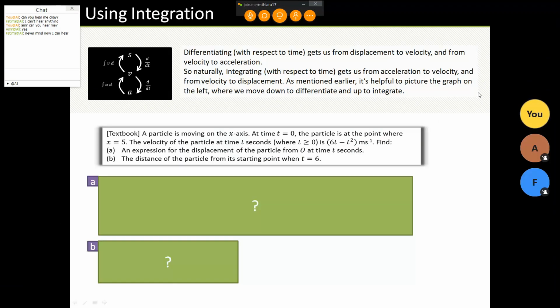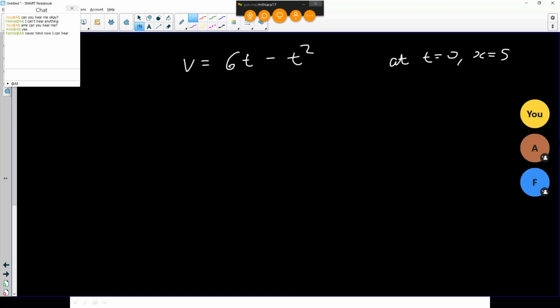That's what was told to us over here. x, don't forget, is displacement. So now I need to work out what the question is asking: what is the formula for x?